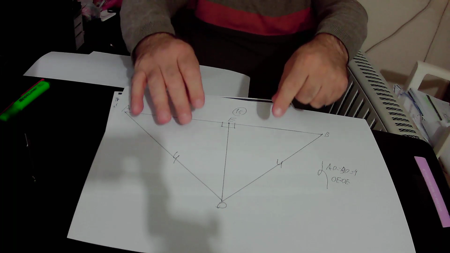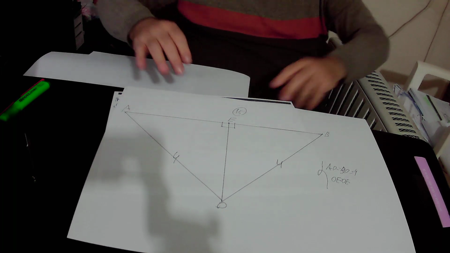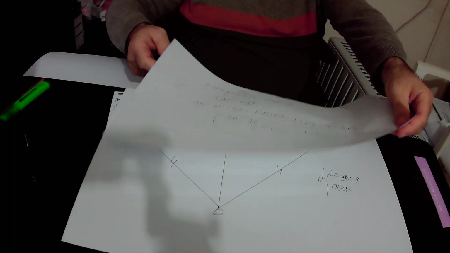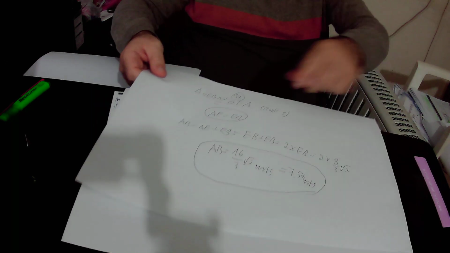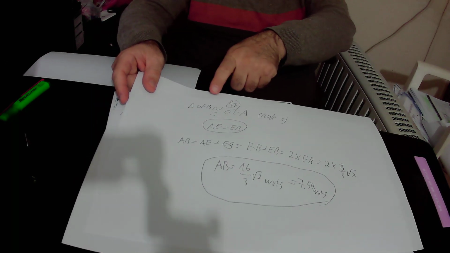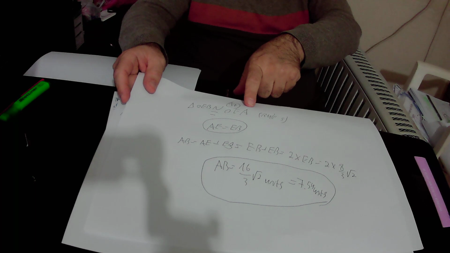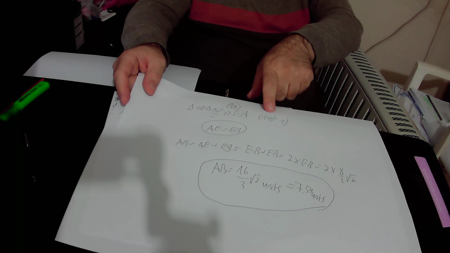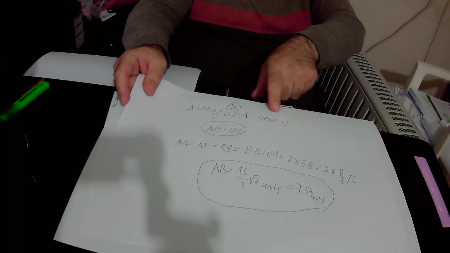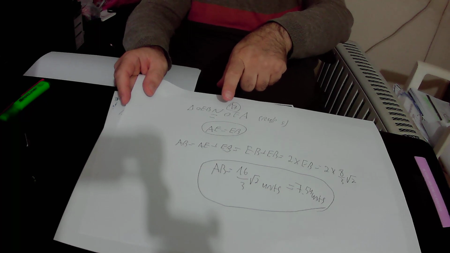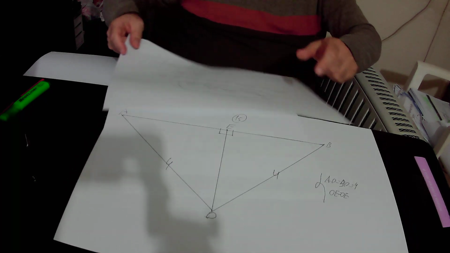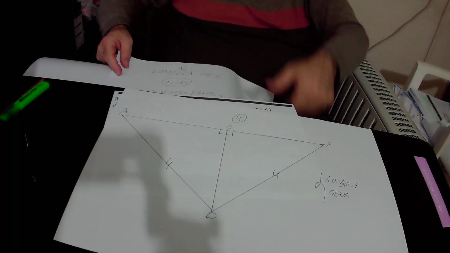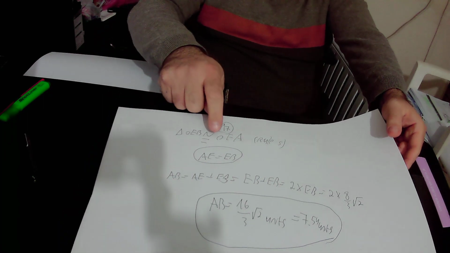From the fact that those two right triangles are congruent, we conclude that triangle OEB is congruent to triangle OAE according to rule number 5, and from it we conclude that AE equals EB, according to the rule that corresponding sides in congruent triangles are equal.